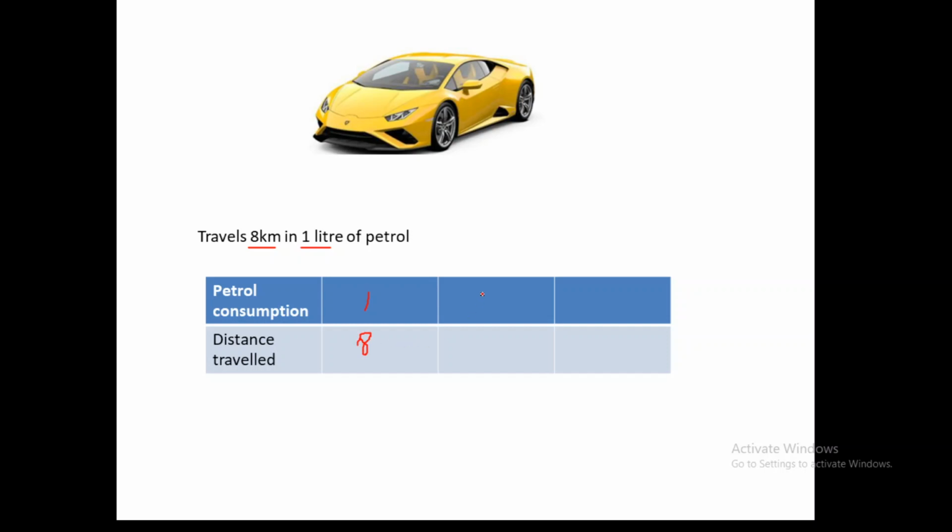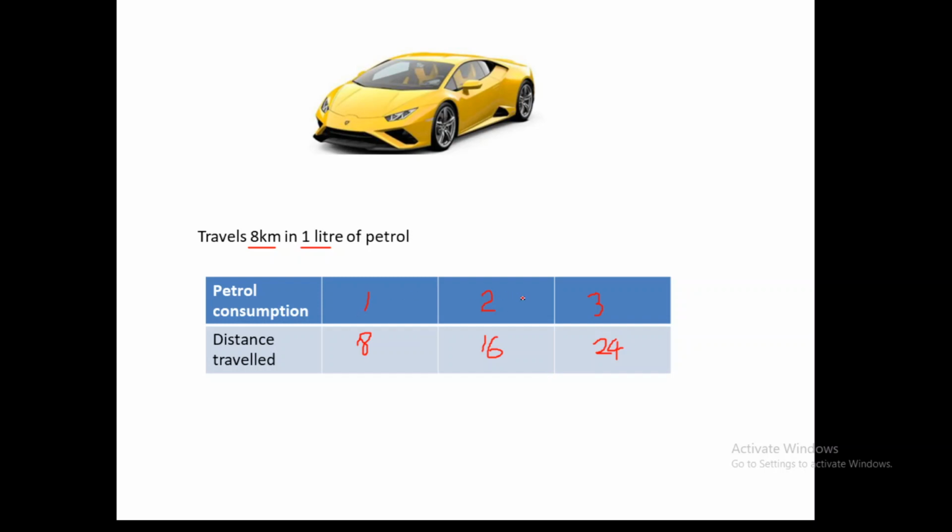Then if it takes 2 liters of petrol, how many kilometers will it cover? 16 kilometers, right? If 3 liters of petrol it consumed, then it will travel 24 kilometers, right?